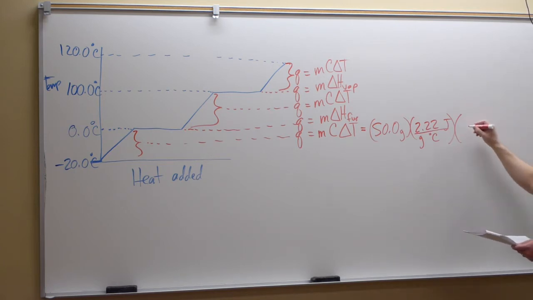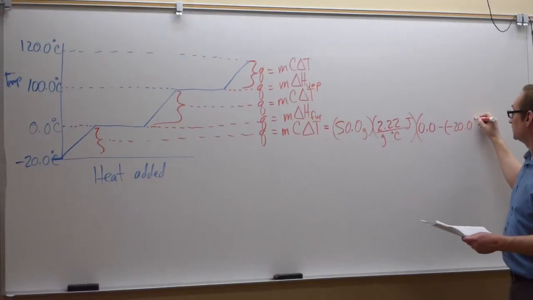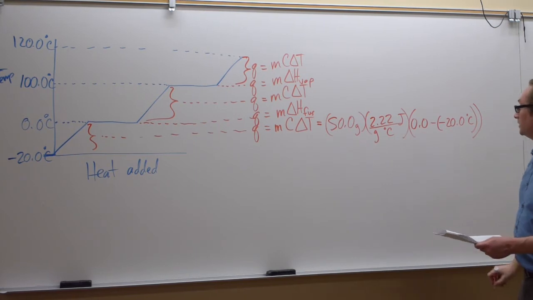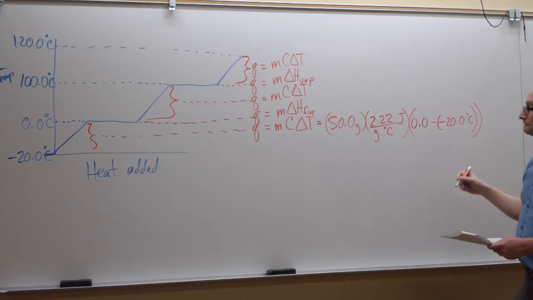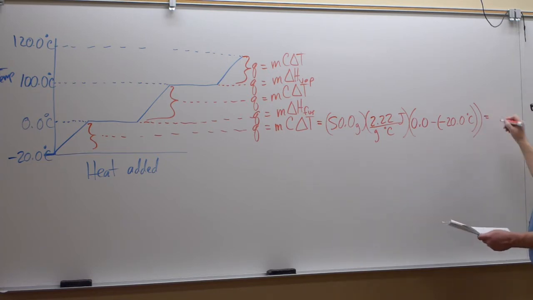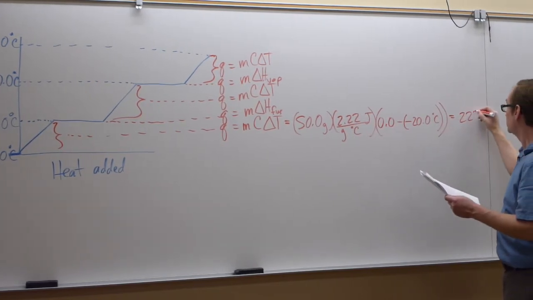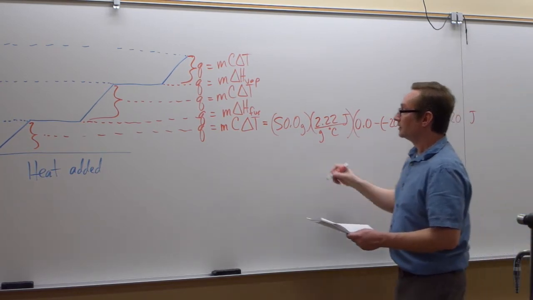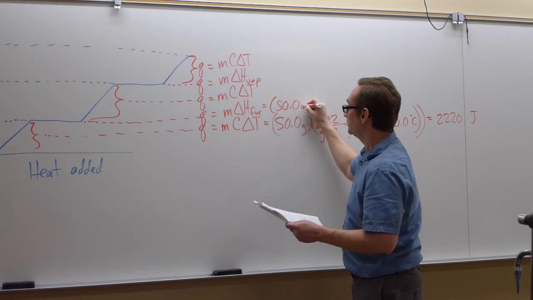Yeah, so my final temp is going to be 0. My initial temp was minus 20. So this delta T ends up becoming positive. All right, so this part comes out to be 2,220 joules.